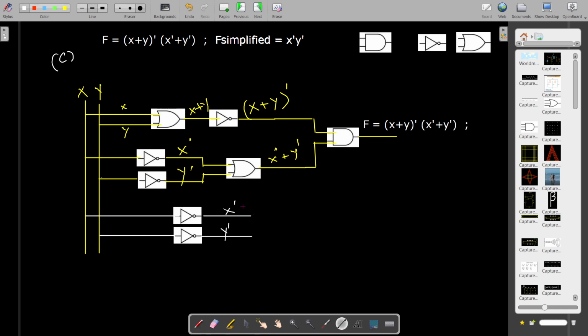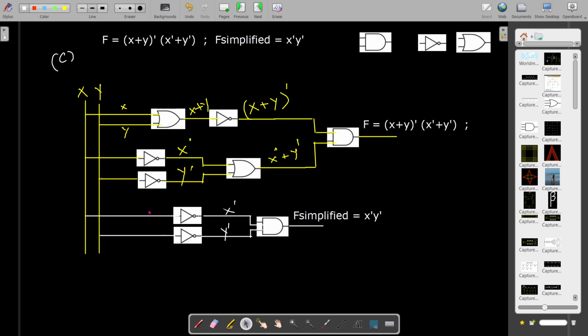These two are now applied to one two input AND gate. The output of the two input AND gate is now F simplified, that is equal to x dash y dash.